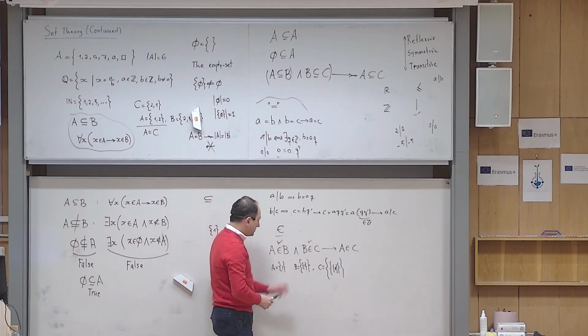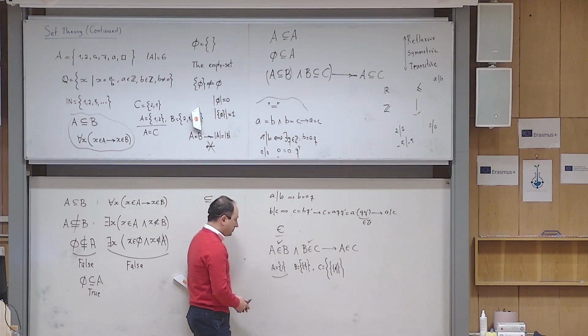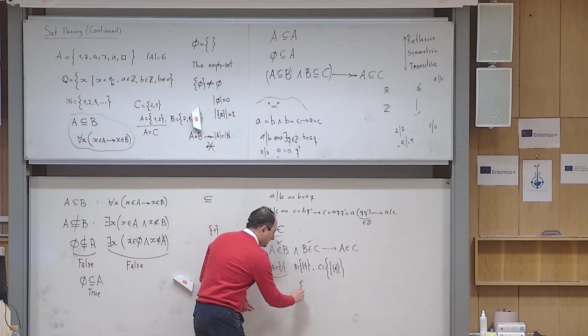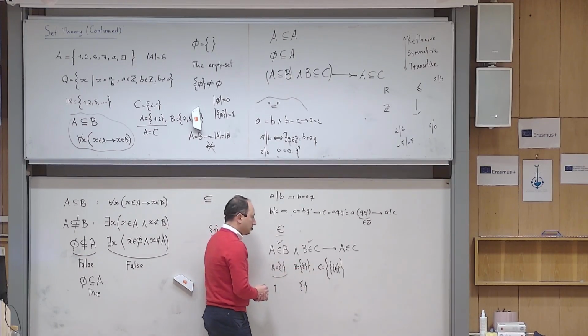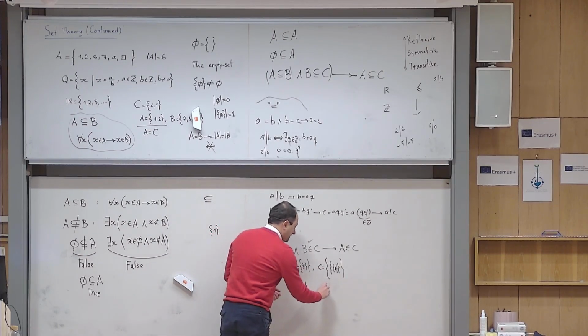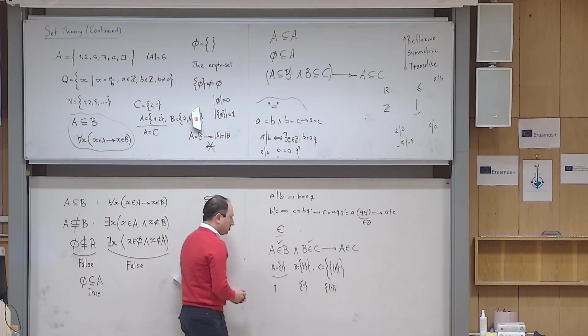But is this an element there? No, because if I ask you, what is the cardinality of this? 1, and what is the element? It is 1. What is the cardinality here? 1. What is the element? It is this one. And if I ask you what the cardinality is there, you say 1 again, and what is the element inside is this one. Okay?